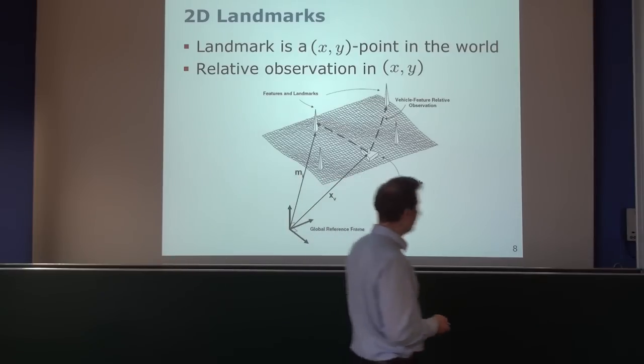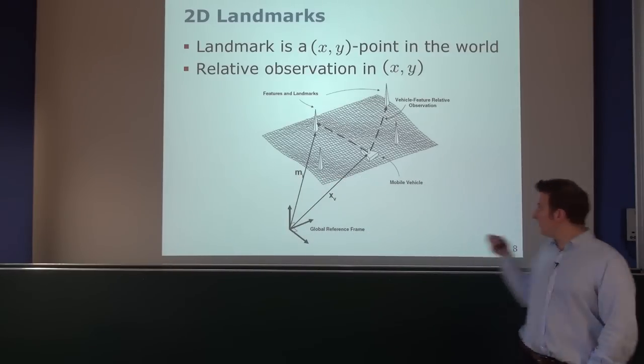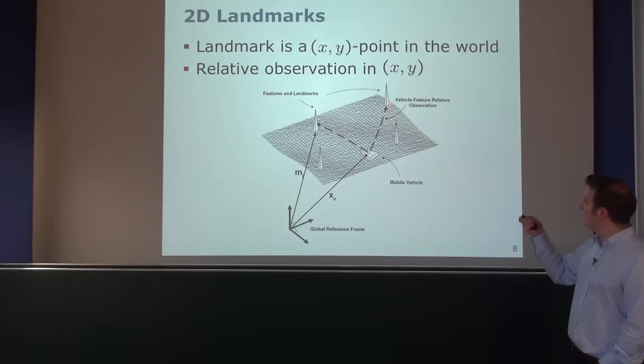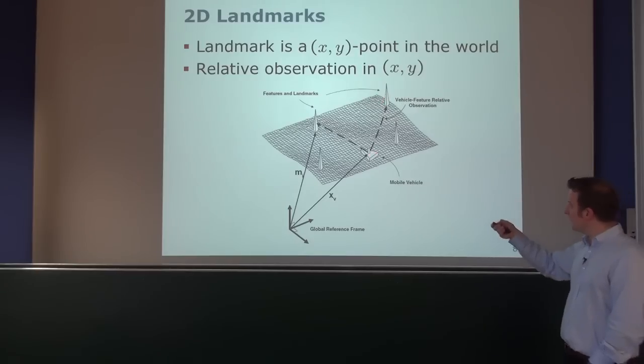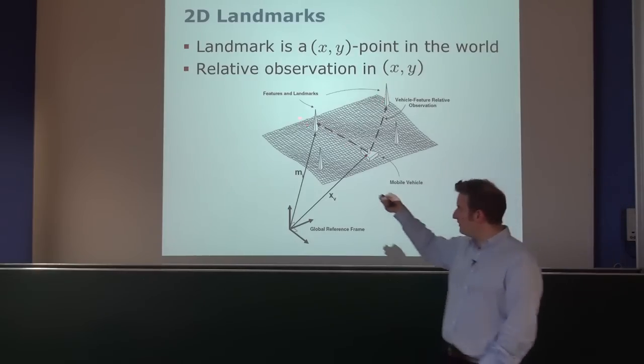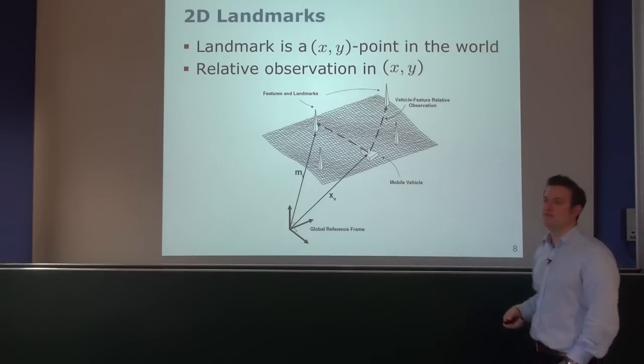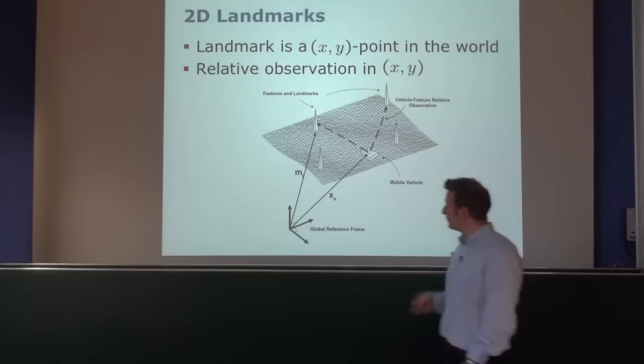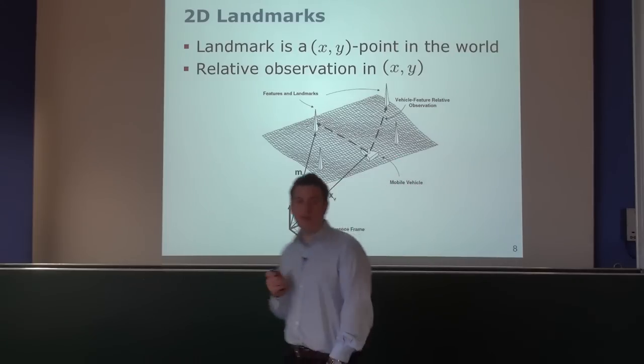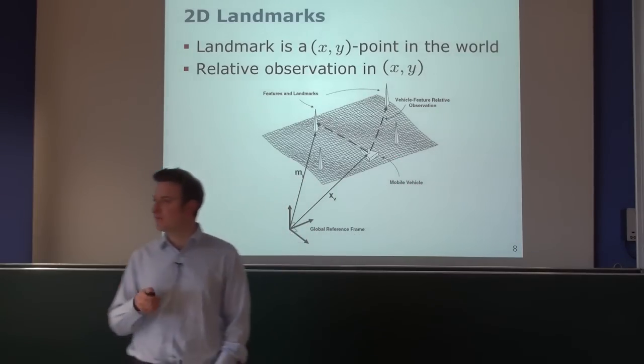Every one of those observations, if this is a vehicle and this is a feature observation, says, okay, this feature is, let's say, 5 meters to the right and 1 meter to the front, whereas this one is 5 meters to the front and 0 to the side. So assume for the moment we have these kinds of observations.